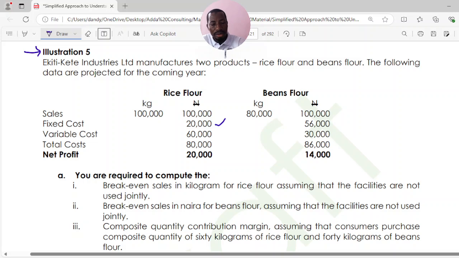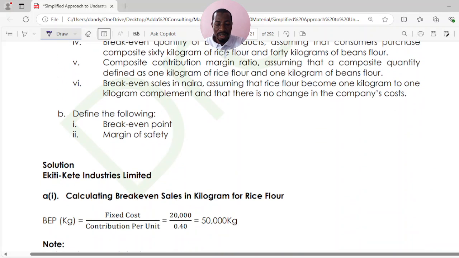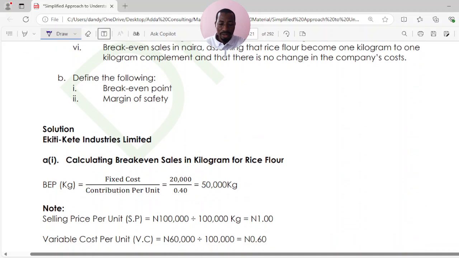In this case, contribution will be sales of 100,000 minus variable cost of 60,000, that would give me 40,000 contribution. So 40,000 contribution divided by the units sold of 100,000 kilogram will give us 0.4. So that means contribution margin is 0.4. This is how we got the 0.4 here.